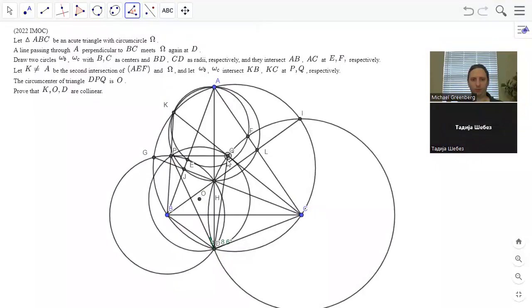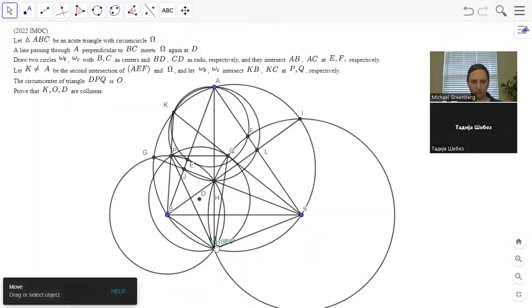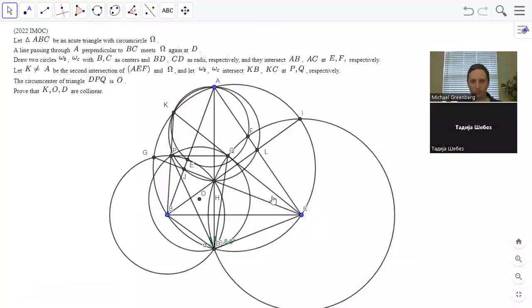I just like to see it for myself. 8.6, and this should also be 8.6. I think it is. Yes. All right. Yeah, we got a lot of good information here.